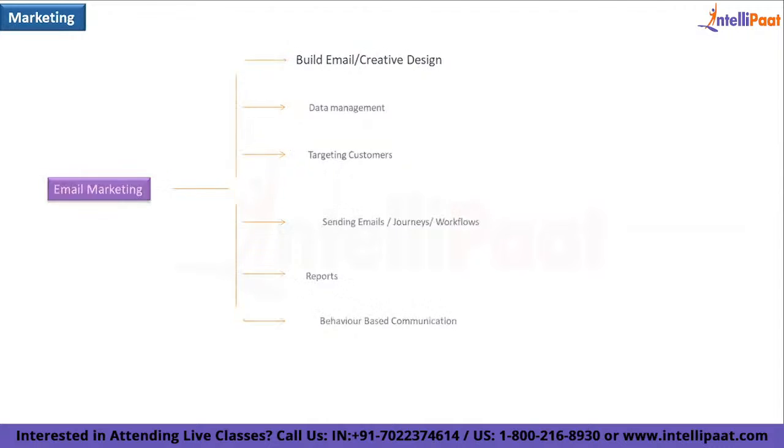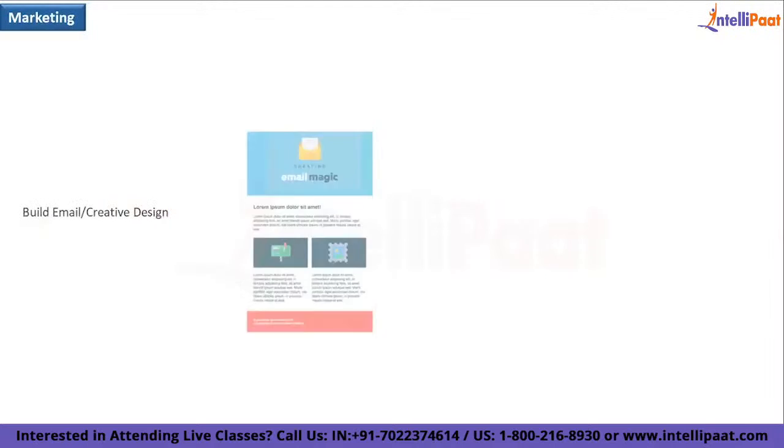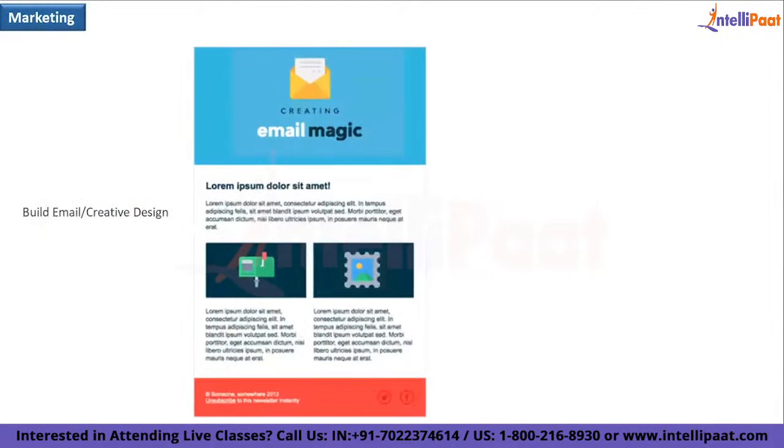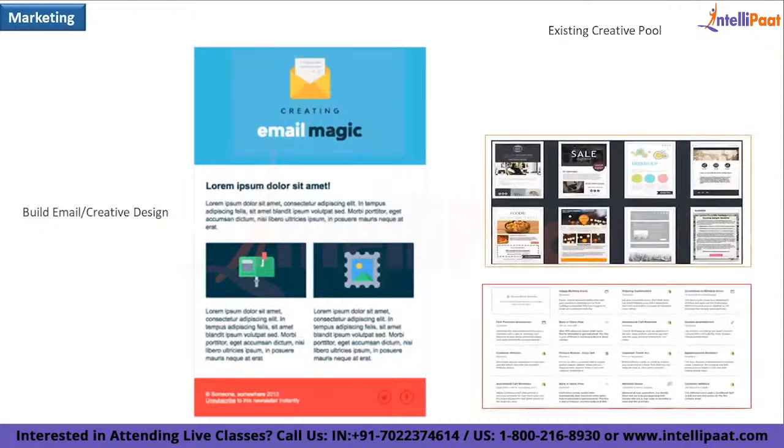Now, when it comes to automations, because that is where all this boils down. To build a creative, you have probably already experienced how we build an email in Marketing Cloud. It is the same way we build an email in Pardot. I will show that, but it's generic content. When you build an email, you can display the content differently to different customers, based on their scoring, their rating, and their behavior.